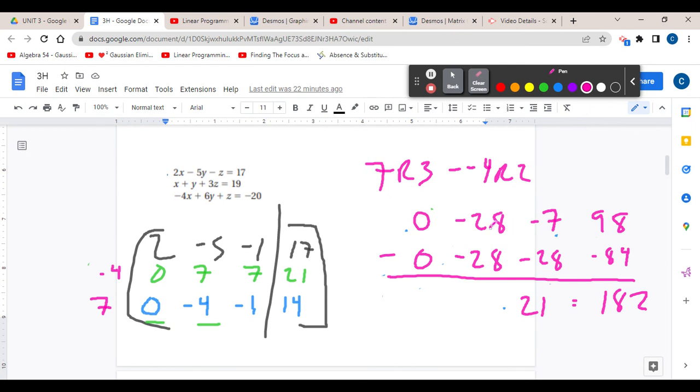All right, so we have 7 row 3 minus 4 row 2, and we have 21z equals 182. We're going to get a decimal for z, but that's okay. So 182 divided by 21 is going to be z. All right, so it's going to be 8.66 repeating.